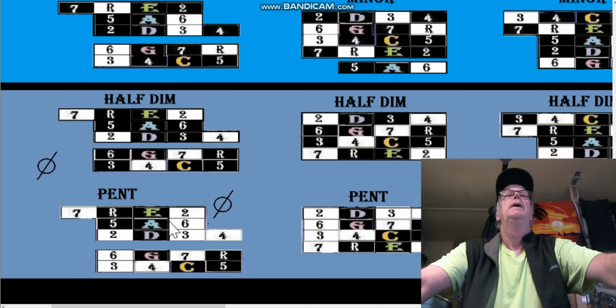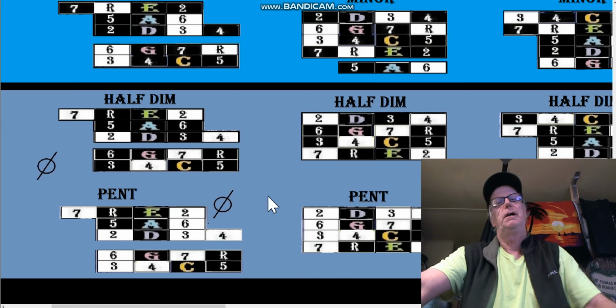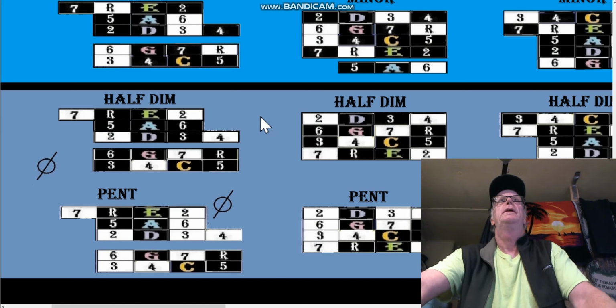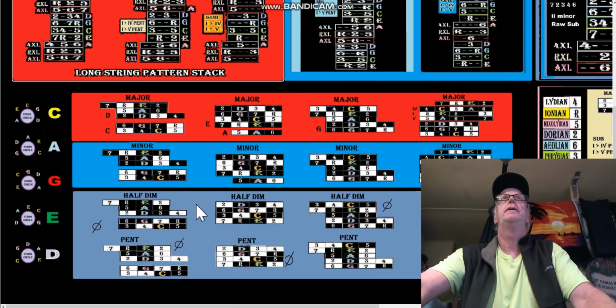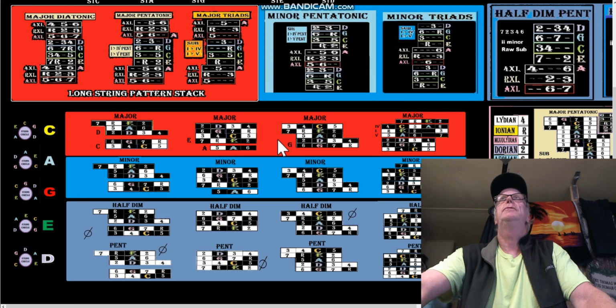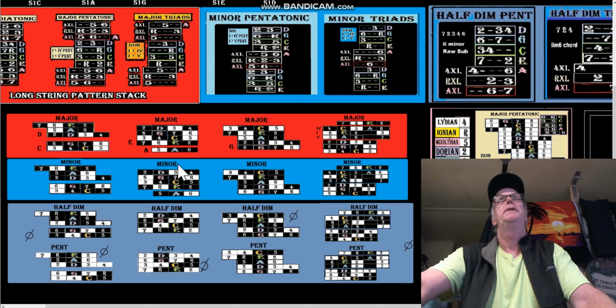So it's going to be shown also in this diagram, but the pentatonics down here are just the half diminished ones. The other ones I know so much by heart that I didn't want to list them in this special diagram right here. This is what it's all about.